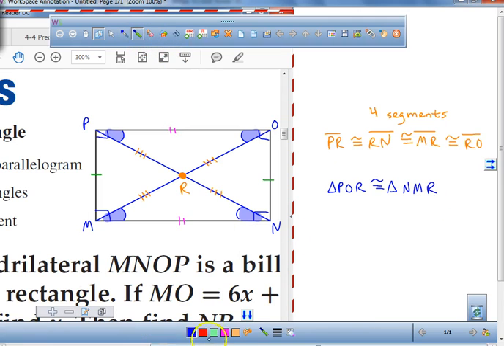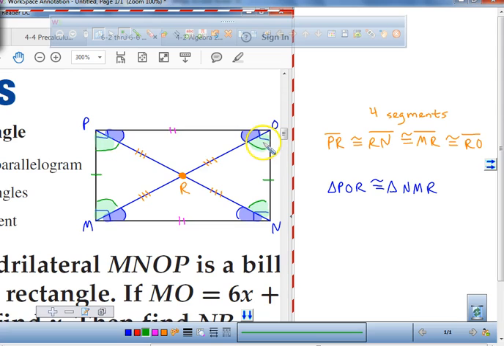In addition, this angle right in here, wherever I'm coloring in green, all these angles are also congruent. Okay? So every angle that I'm coloring in green, these angles also match. So you'll notice we have 2 different triangles right over here that are going to be congruent to each other.